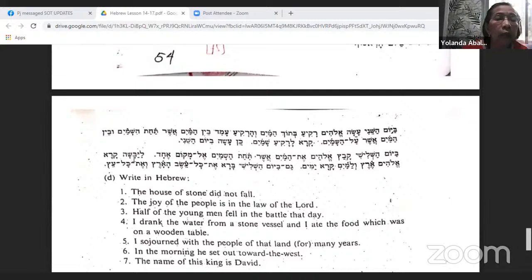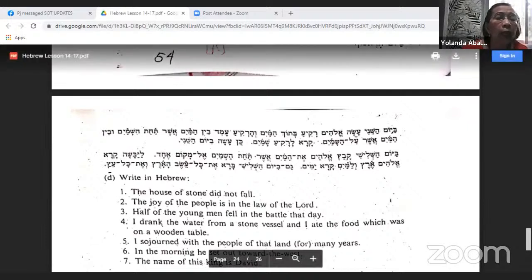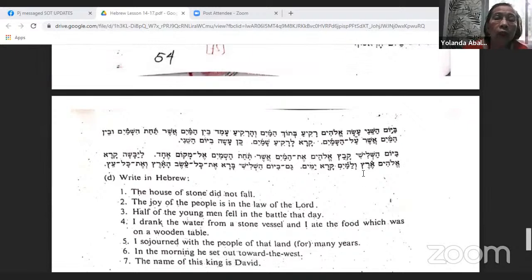La yabasha. Kara, and he gathered and called Elohim Eretz, the earth, and the waters called Yamim, the sea.